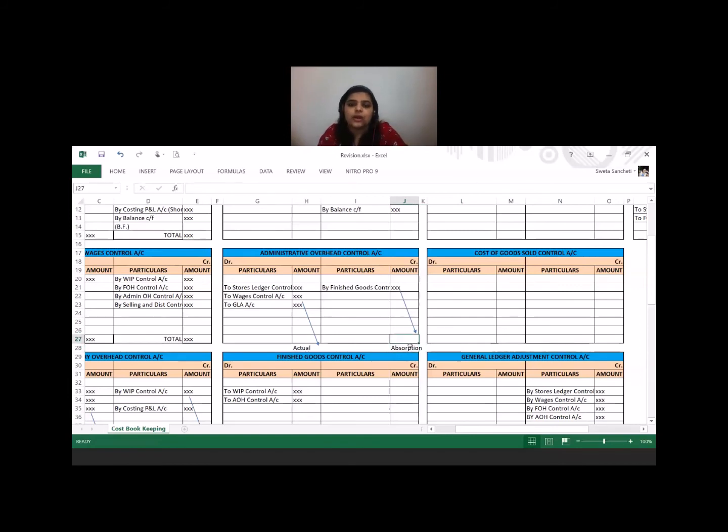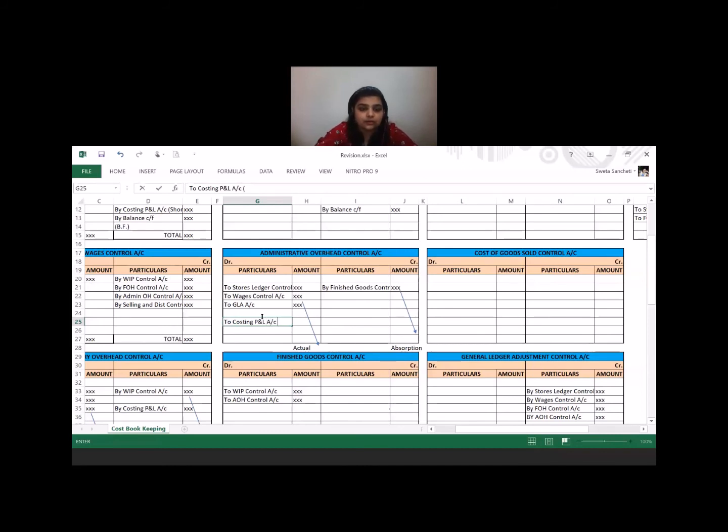Now in this account I'm going to treat it as over absorption. तो क्या होगा? To over absorption मतलब क्या है? Absorption is more and actuals are less. If actuals are less, that means your debit side is less. If your debit side is less, I will write it in the debit side. To costing P&L account.